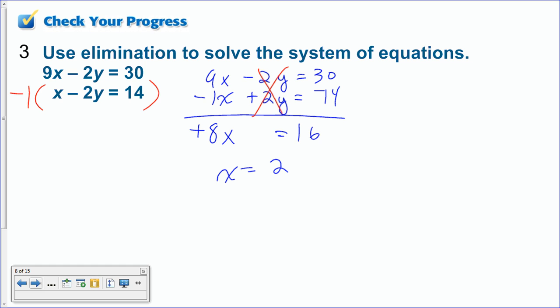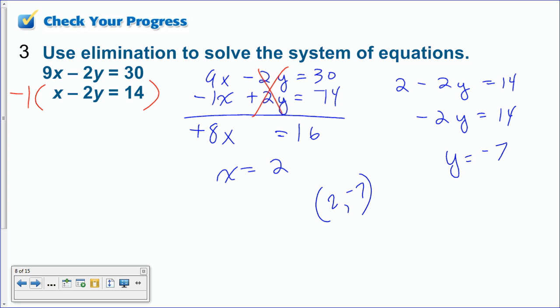Okay, so put 2 in there. Everybody good?